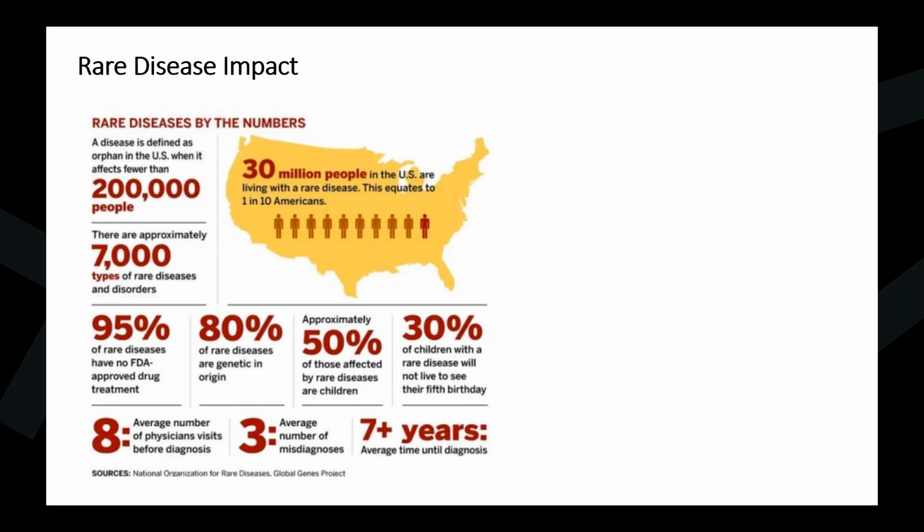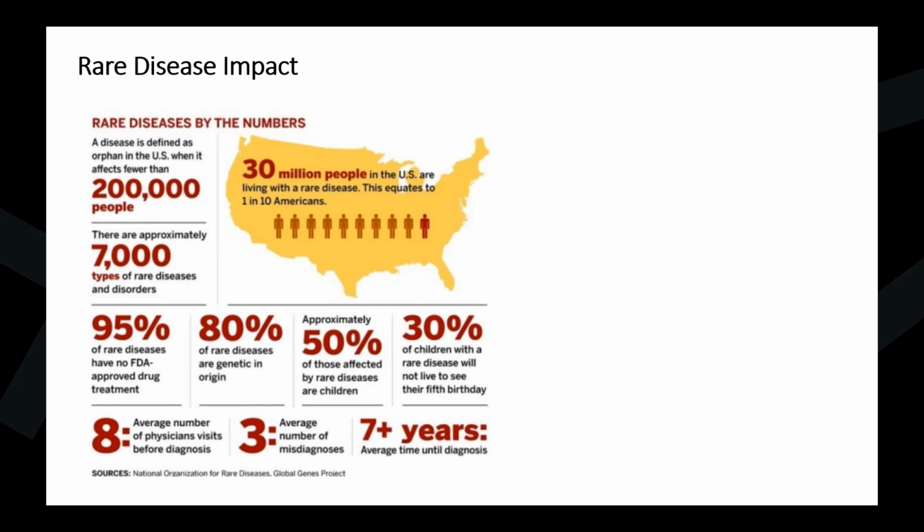The other one, and I'm again going to spend some time on it, is the one in the lower left corner: it is very difficult to get a diagnosis for these. You see that you may need an average of 8 visits to a doctor. You start with the family doctor, the PCP, then you go to or visit different specialists until you get a diagnosis.